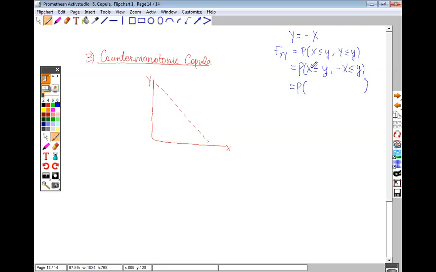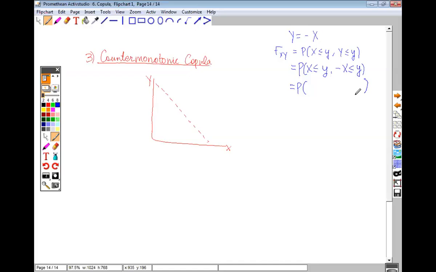So we have a random variable x, and here we have a random variable minus x. But we know that we only have information about the random variable y and the random variable x. So what is it that I can do here to get something in terms of the information that I already possess? Remember the copula function that I have.